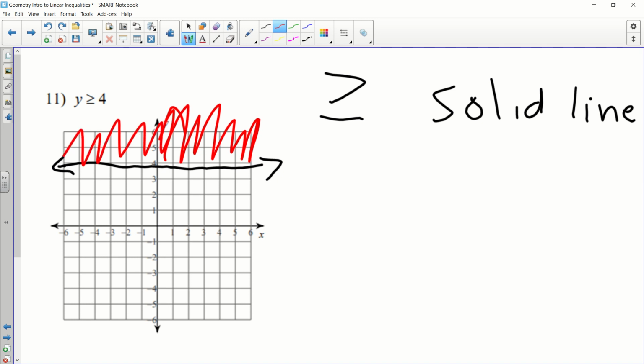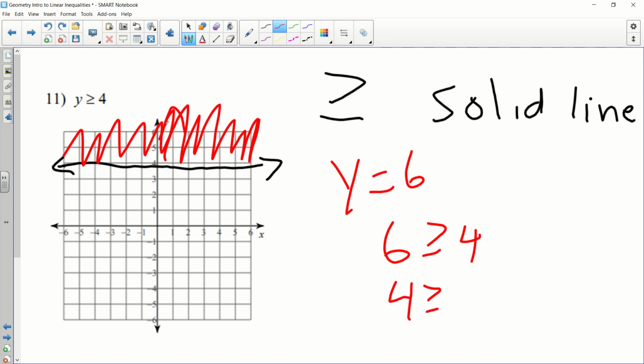Now this one's an easy one to check. If y is 6, 6 is greater than or equal to 4, it is in my solution set. If y is 4, that is on my line, 4 is greater than or equal to 4, so that is part of my solution set.